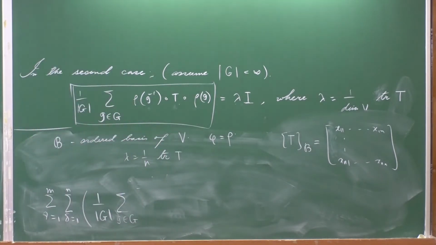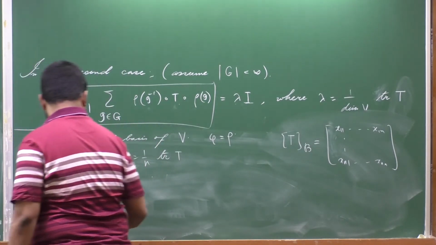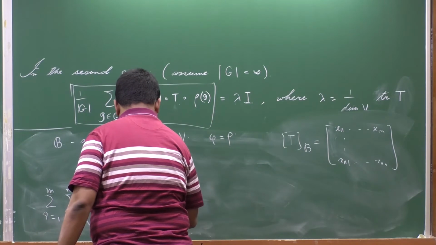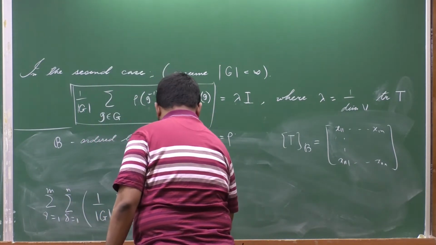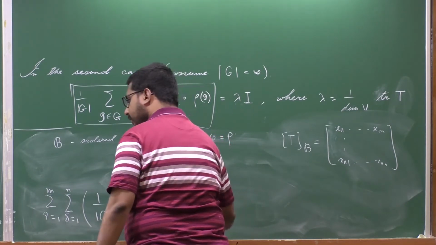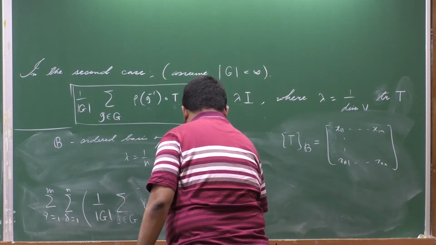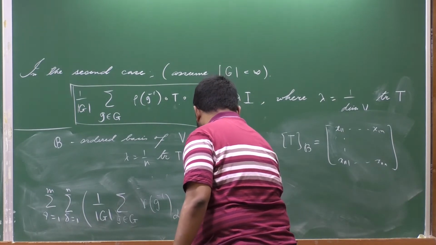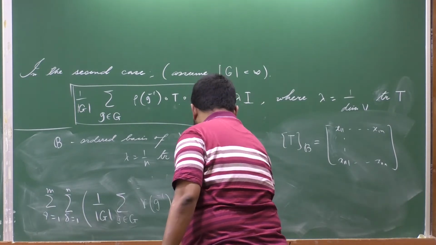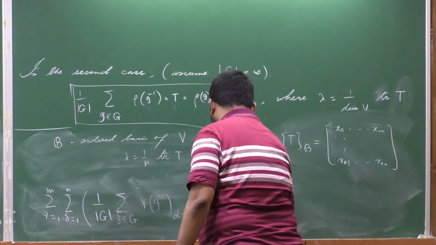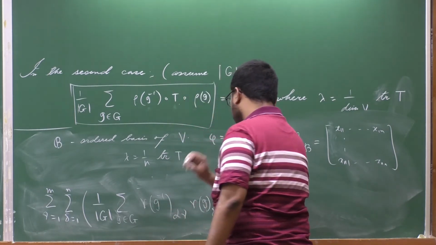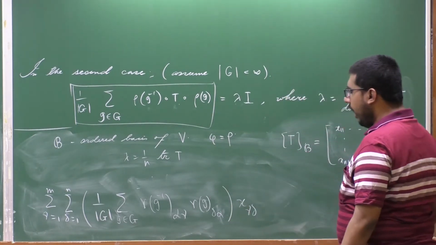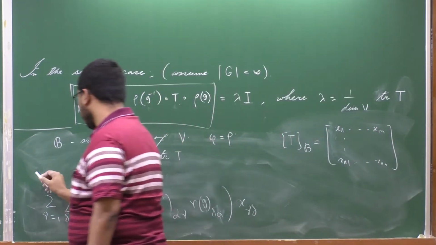Here it will be Rg inverse alpha gamma, Rg delta beta delta alpha. So this is going to be, then this x delta gamma. So this is the entry at the alpha comma alpha position.